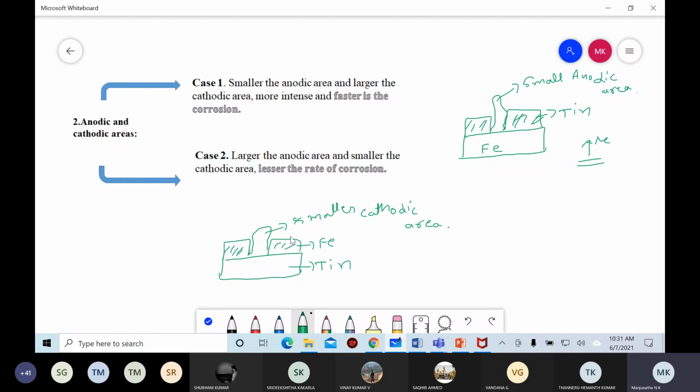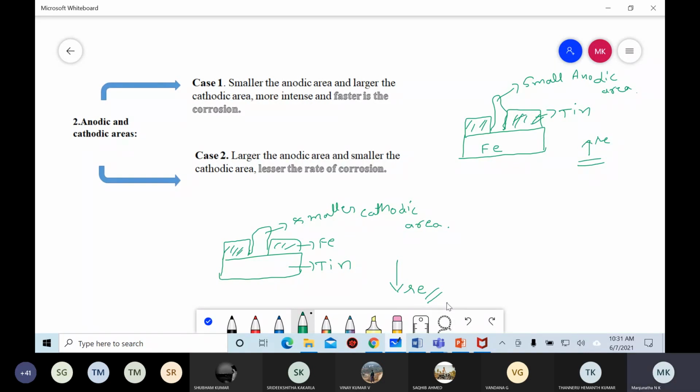Gaining of electrons at the cathodic region decreases. Due to decreasing gain of electrons at the cathodic region, the anodic reaction also decreases. Once the anodic reaction decreases, it decreases the rate of corrosion. Decreases the rate of corrosion due to decreasing anodic reaction.